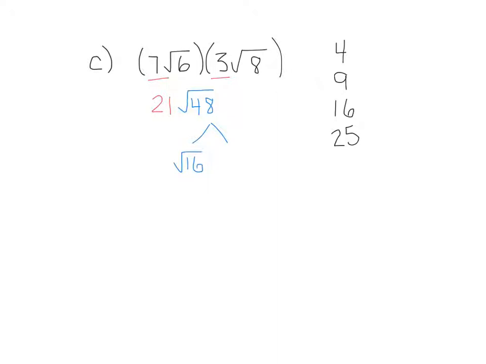So root 48 can be broken apart into root 16 times root 3. Square root 16, of course, has a principal root of 4. So we'll have 21 times 4 times root 3. And finally, 21 times 4 is 84. So our final answer is 84 root 3.